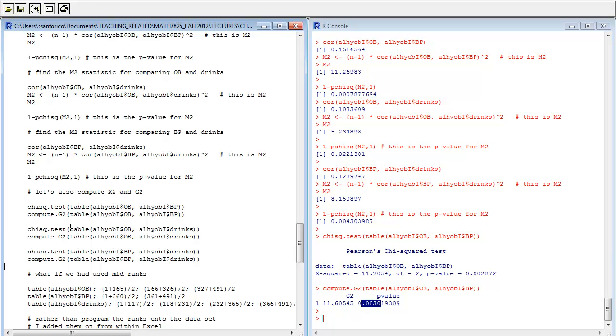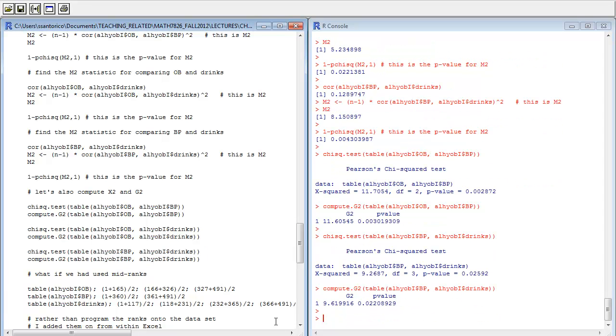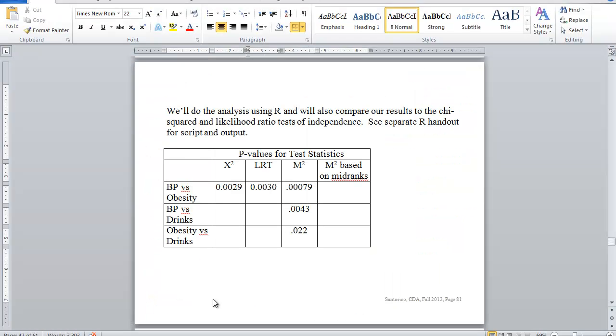The second row of that table we're working on is blood pressure versus drinks. So that is this. The chi-square test gives 0.0259, and for your G-squared, 0.0221. So here we've got 0.0259 and 0.0221.